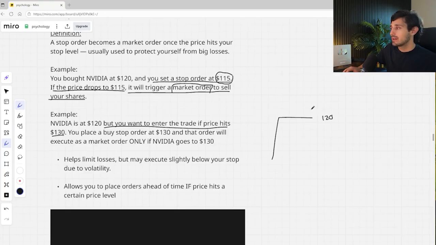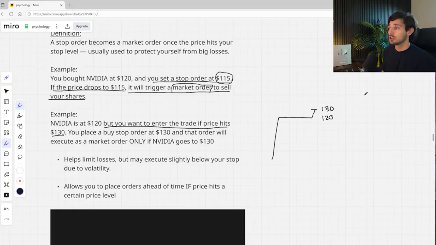You want to get in at 130 right here, because let's say, I don't know, if it hits 130, it officially triggers a weekly setup. And there's a breakout on the weekly time frame. You only want to get in if prices hit 130. So what you can do is you place a buy stop order at 130, and this will only trigger if prices move up and hit 130.